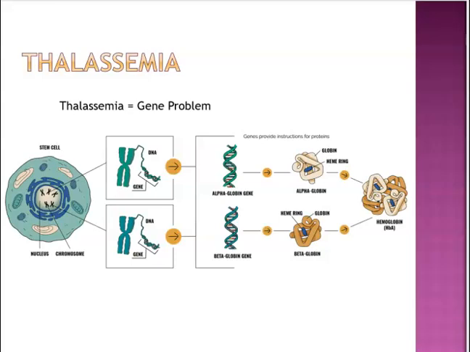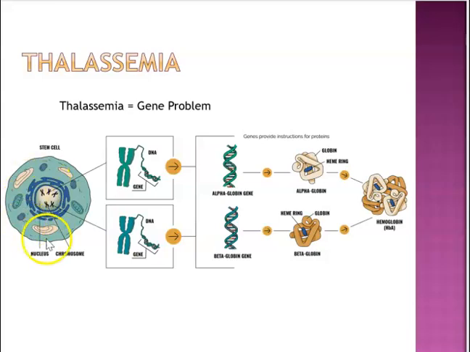Okay, so let's look at the flow chart that we have down here. This model is actually showing how a hemoglobin molecule should be produced without a problem, without an issue like thalassemia. So let's go through that first, and then we'll go back through it and I'll tell you what happens in a case of thalassemia.